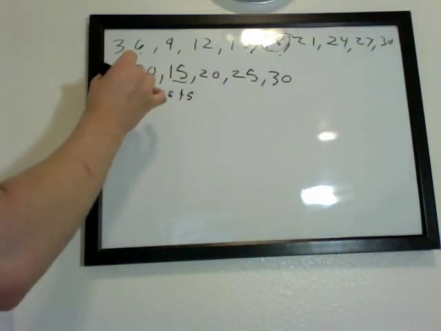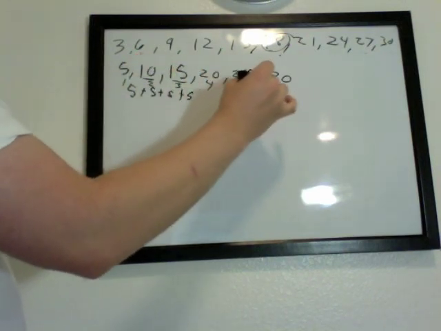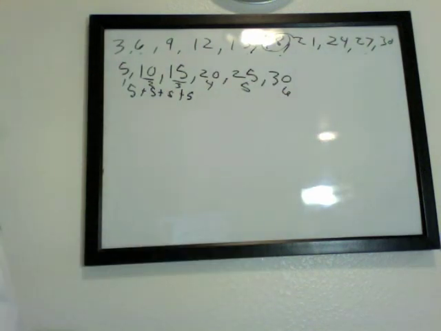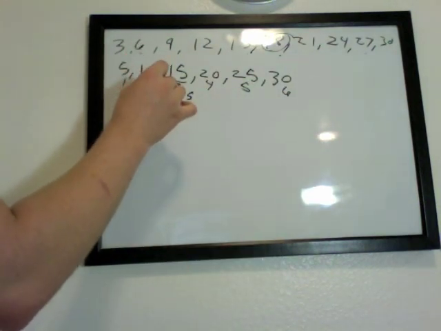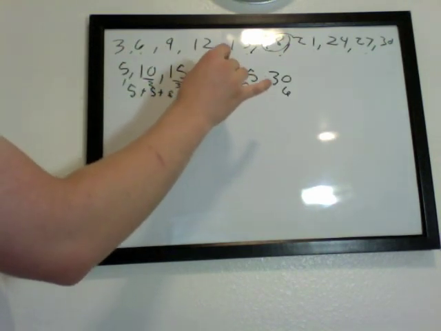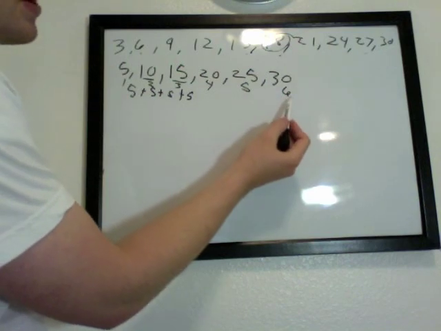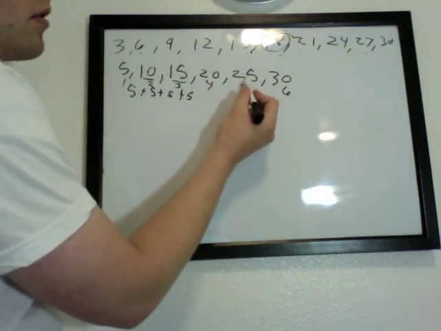This is 1, 2, 3, 4, 5, 6. So 5 times 1, 5. 5 times 2, 10. 5 times 3, 15. 5 times 4, 20. 5 times 5, 25. 5 times 6, 30. So say we wanted to get 25.